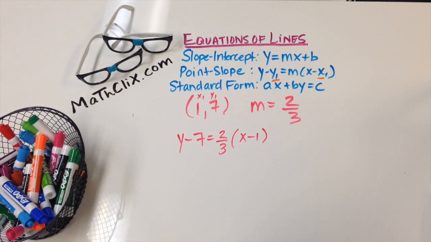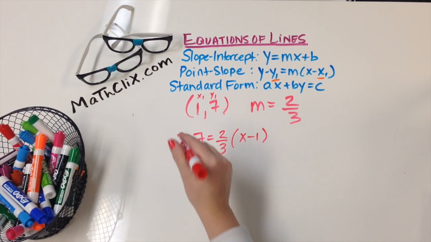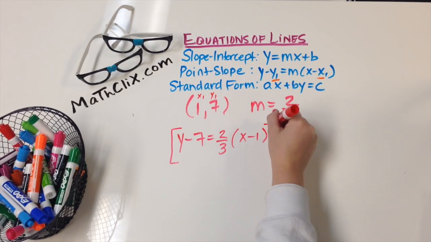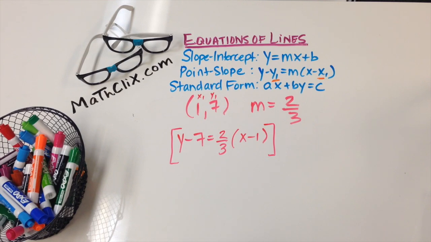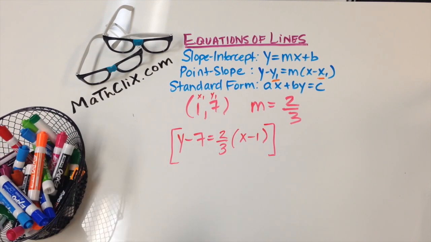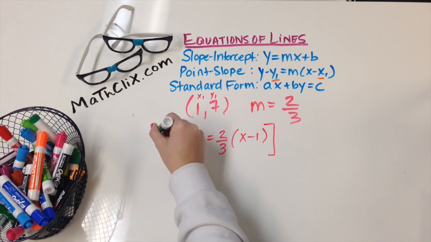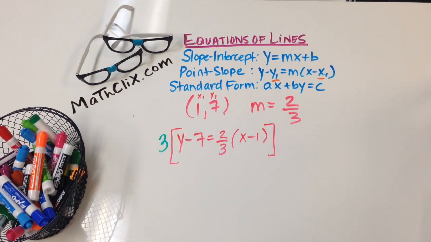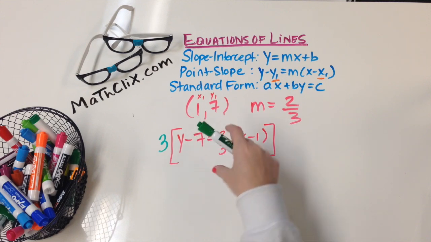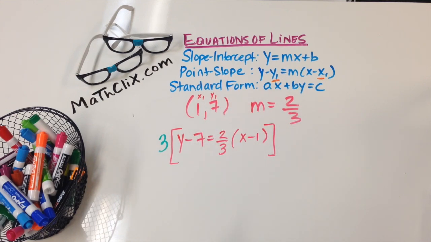Now this one has fractions in it, which comes up frequently. And so the easiest thing to do is to multiply through by the denominator, which is 3. And when I multiply by 3, I have to multiply this term by 3, this term by 3, and this whole side by 3.